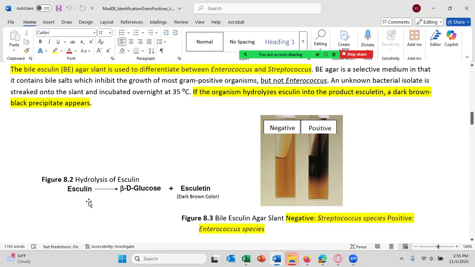So esculin is hydrolyzed to beta glucose. You don't need to know that, but esculetin is a very dark brown color. It really looks black. And to be positive, you should have 50% or more of the tube black like that. A negative is less than 50%, or most of the time it's no color change. The tube's the same color as what it began.